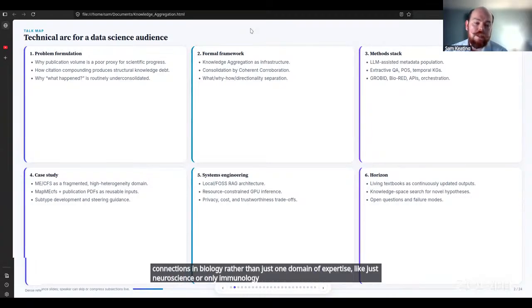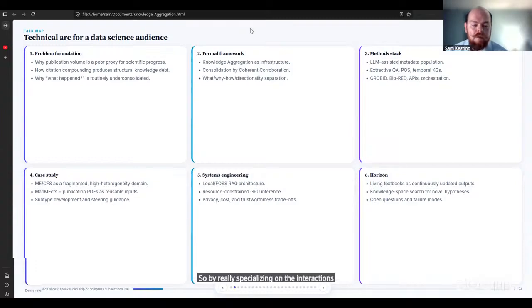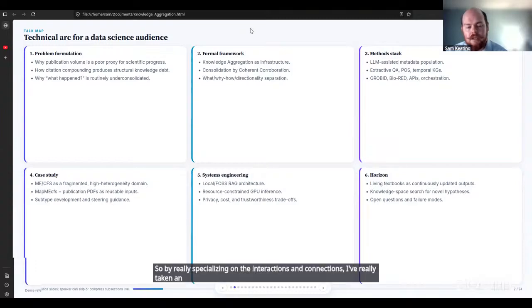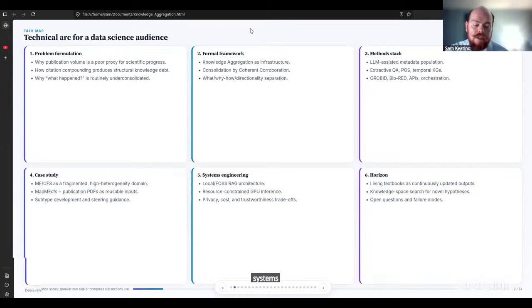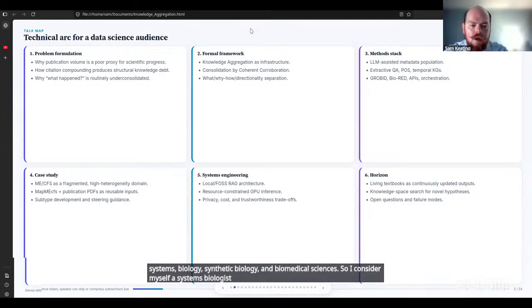By specializing on the interactions and connections, I've taken an interest in collecting skill sets, wearing many hats, and working across many disciplines. So I have degree studies and training across chemical engineering, bioinformatics, systems biology, synthetic biology, and biomedical sciences. I consider myself a systems biologist at heart, but also both a scientist and an engineer.